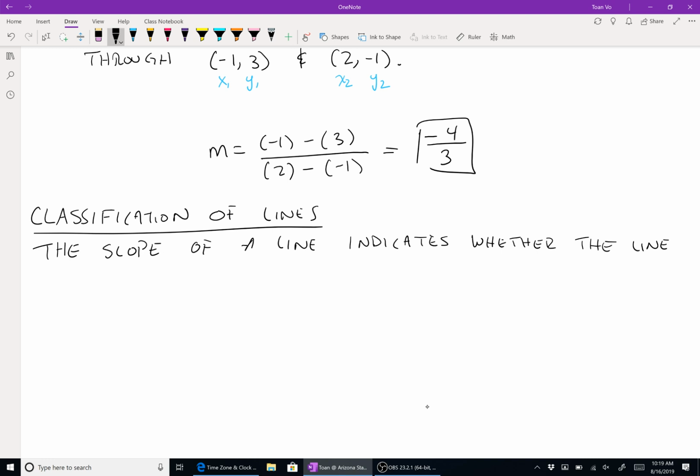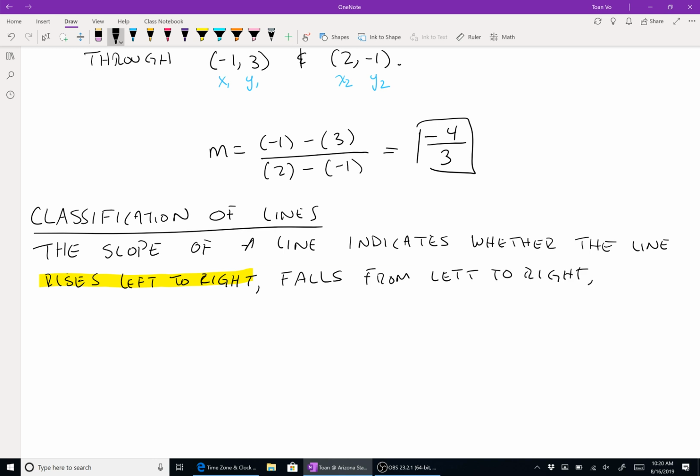I really wish I could write italicized, but I can't, so I'll go ahead and highlight it. Rises left to right. That's one option. A line could fall from left to right. That's another option that a line could be.